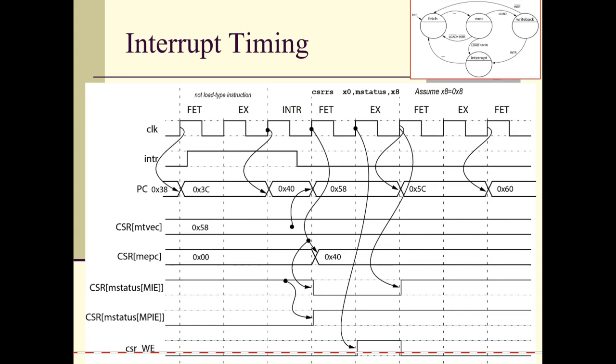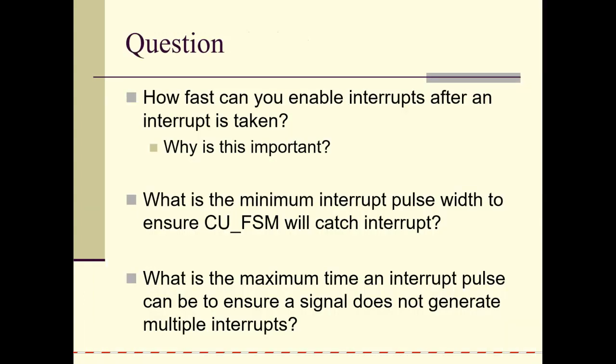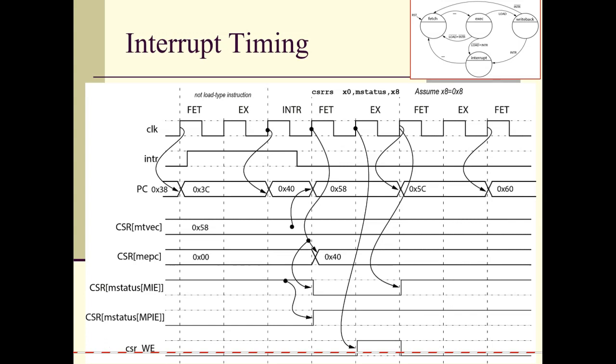So this is a timing diagram that shows how fast I can possibly turn the interrupts back on. It's going to take the interrupt. The first instruction in the interrupt service routine is going to re-enable the interrupts. The interrupts got disabled automatically in hardware. I'm going to turn them on in firmware.